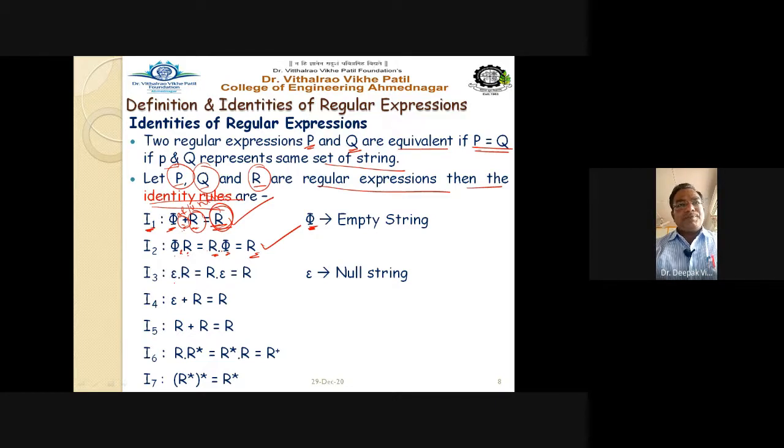Next one is epsilon. Epsilon is your null string. Epsilon dot R, meaning multiplication with the regular expression, is equal to R dot epsilon, and that is equal to R itself.